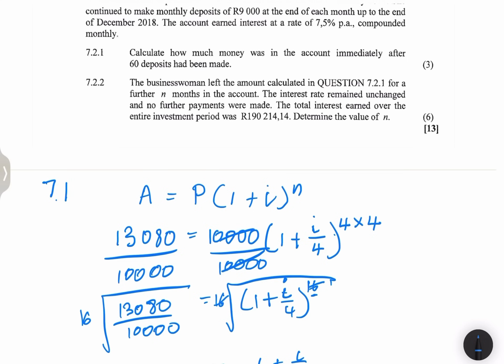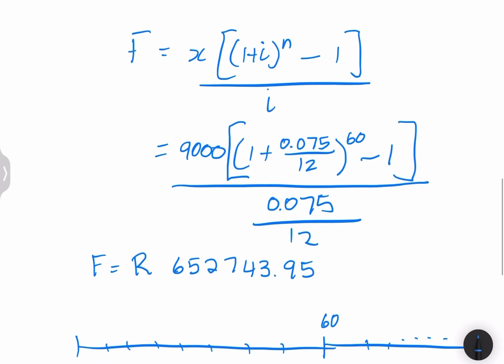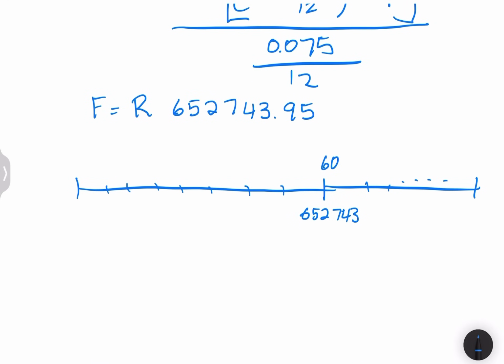The total interest earned over the entire period was 190 and 214 cents, right? Now, in this case, they want us to determine the value of n. We just need to be a little bit cautious here, because remember, 190 would be the interest that is earned over this entire period.